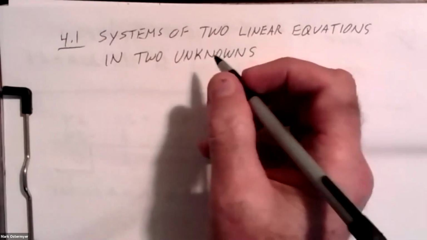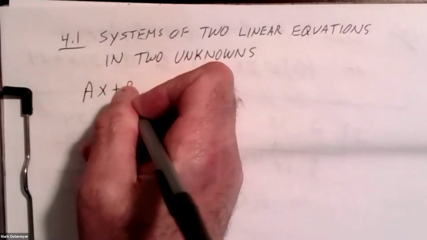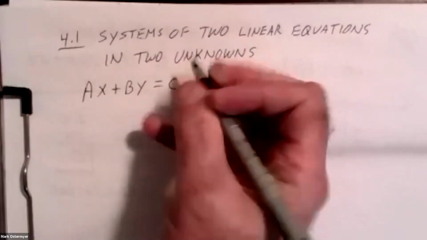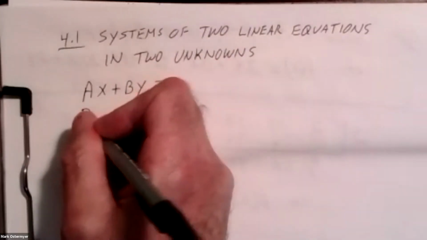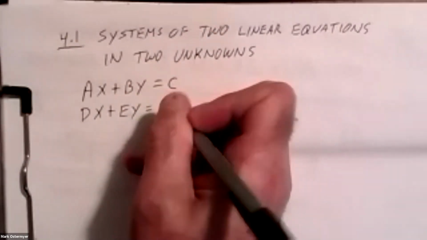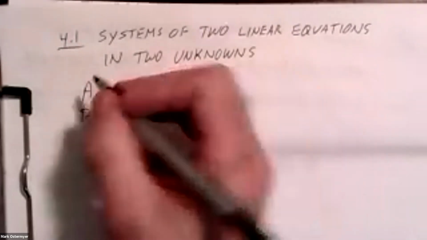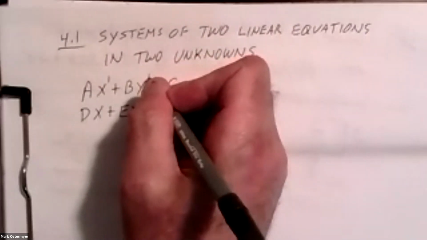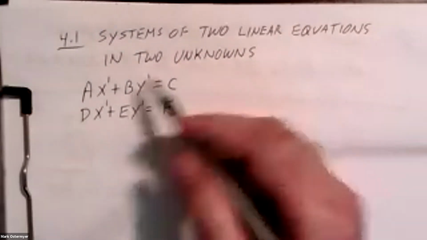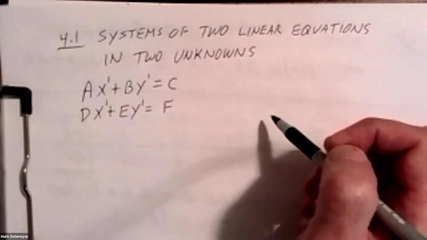In general, these systems look this way. Here we have a system of two linear equations and two unknowns. These are linear equations because x and y are to the first power in both equations. We're going to show you how to solve these systems.